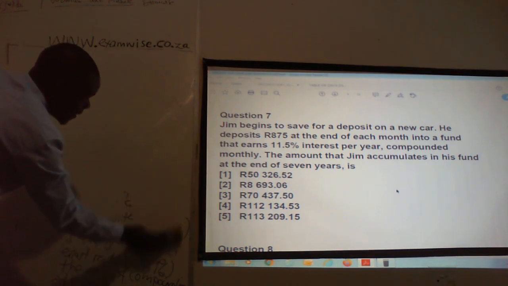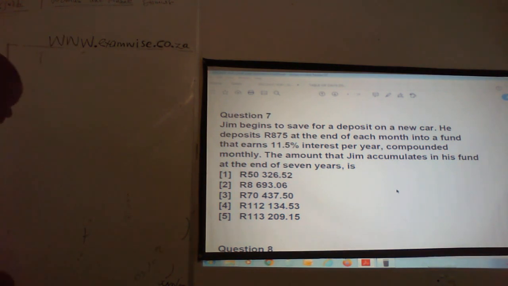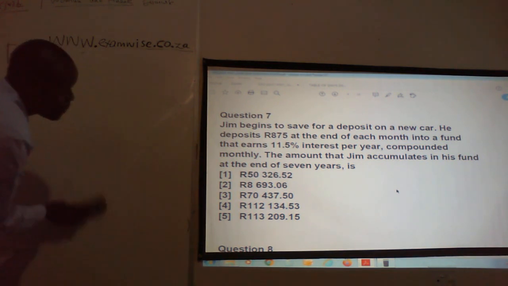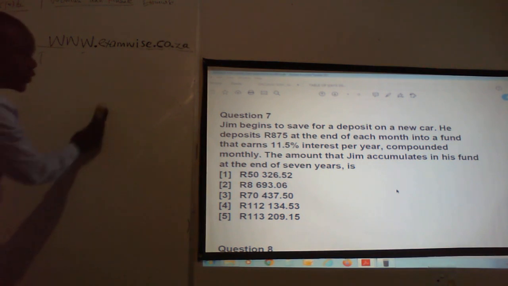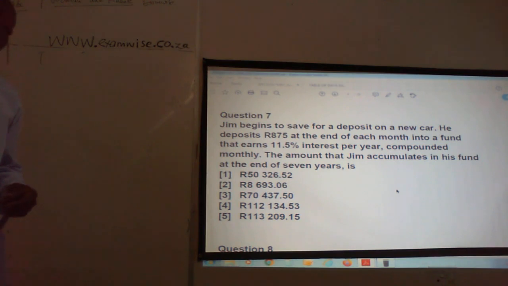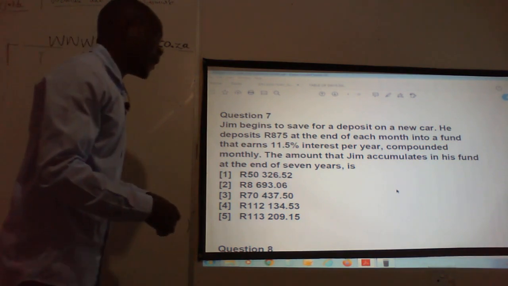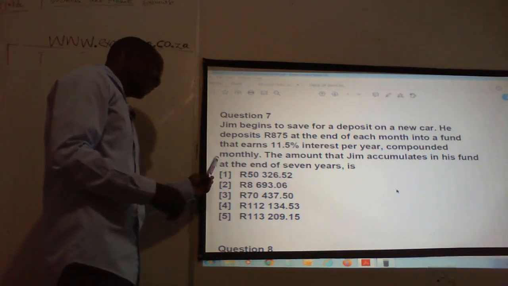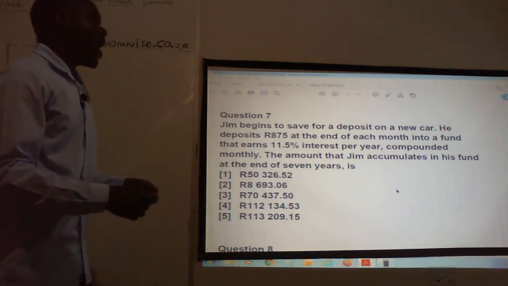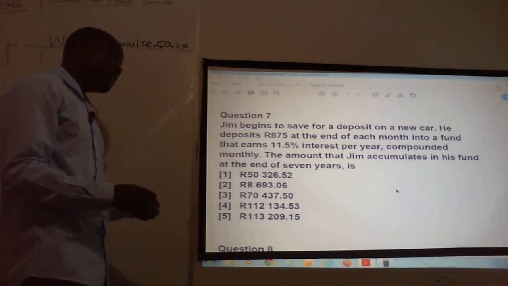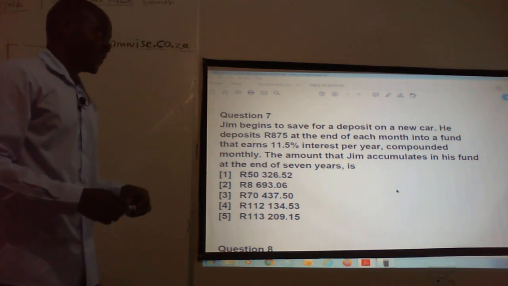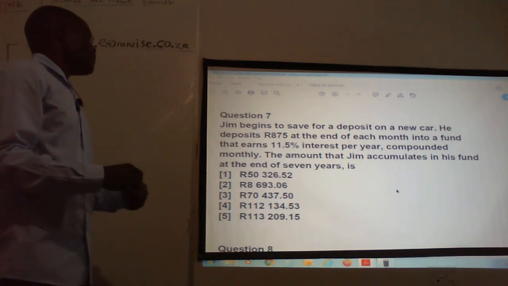He deposits 875 rands at the end of each month into a fund that earns 11.5% interest per year, compounded monthly. The amount that Jimmy accumulates in his fund at the end of 7 years is... Let me read again.